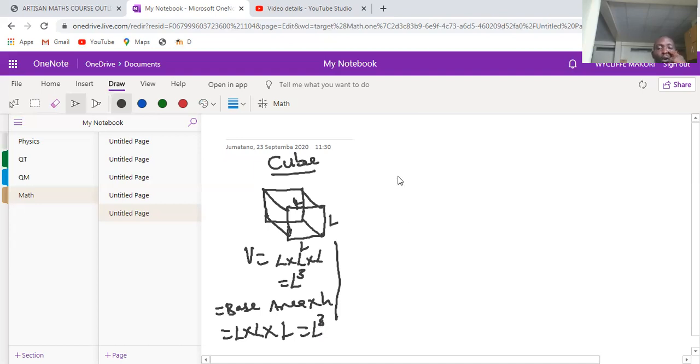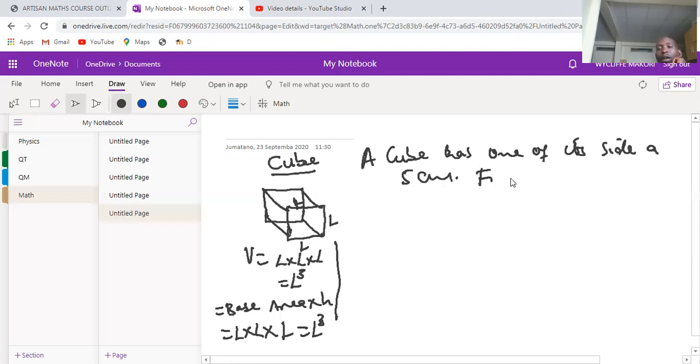So if, for example, you are told that a cube has one of its sides as 5 centimeters, and then you are asked to find the volume, you need to understand that the volume is going to be given by 5 cubed.